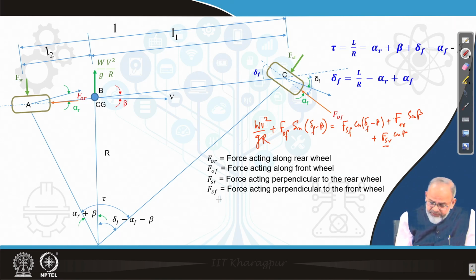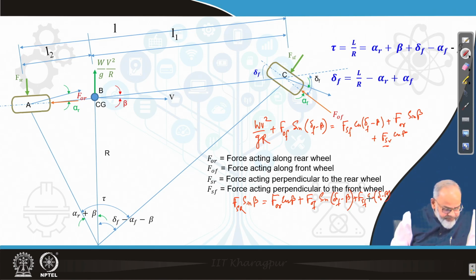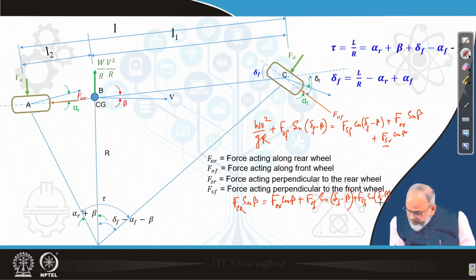Resolving the forces perpendicular to the turning radius, what we get is F_sr sin beta is equal to F_or cos beta plus F_of sin(delta_f minus beta) plus F_sf sin(delta_r minus beta), delta_f minus beta.